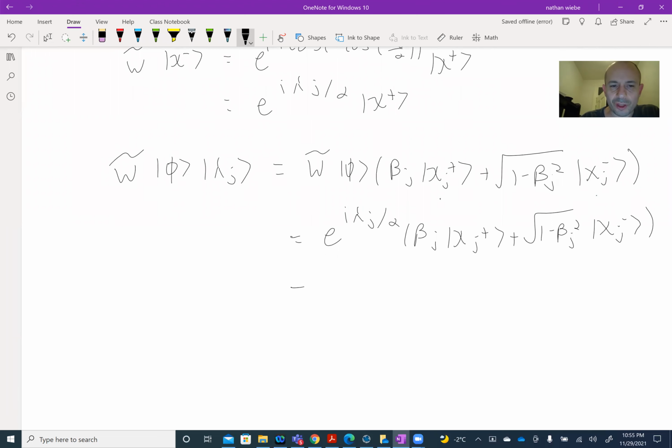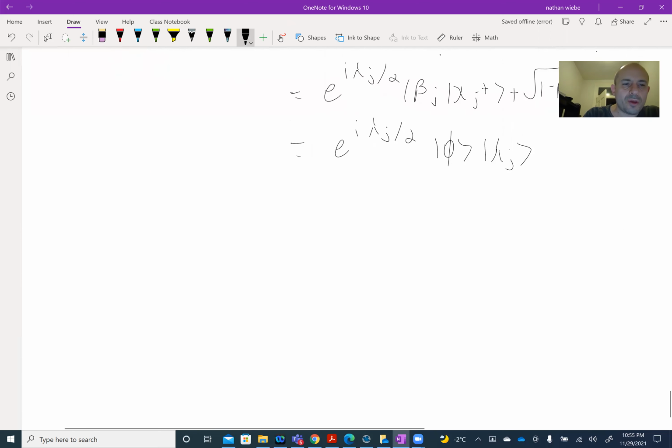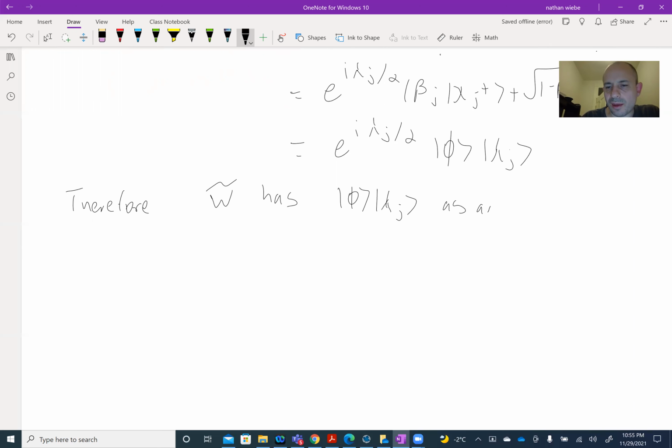And this actually is the exact same thing as e to the i lambda j divided by alpha acting on phi lambda j. So therefore, we have W tilde has phi lambda j as an eigenvector.